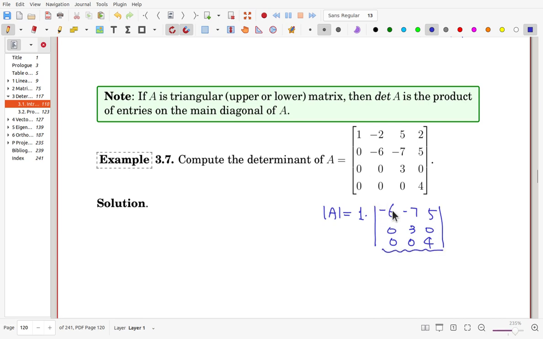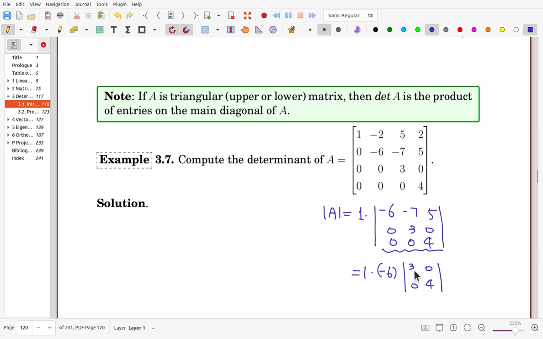Now this is C11, and except for this one, the entries are 0, so that is 1 times minus 6, which can come out, and here the determinant of the minor, which is 3, 0, 0, 4. Of course, we ignore the minus 1 to the 1 plus 1.